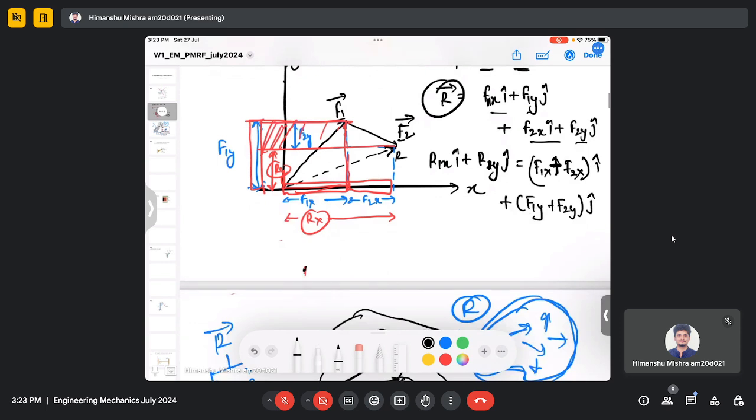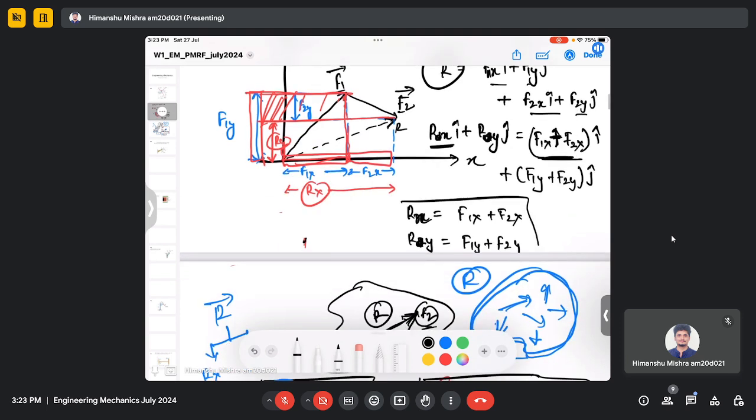So along my x-axis, I can write the magnitude Rx equal to F1x plus F2x, and Ry equals F1y plus F2y.